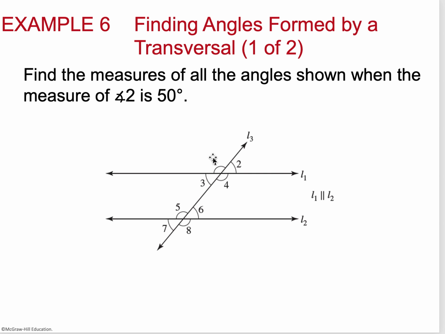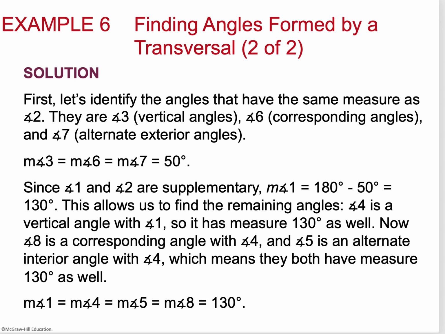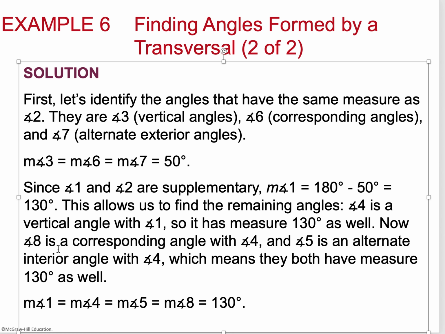By vertical angles, that means that angle 4 is also going to be the same measure. And then by alternate interior and exterior angles, I can then prove that my other missing angles are also going to be congruent. And this is the solution that I just walked you through with a lot of extra text worked out.